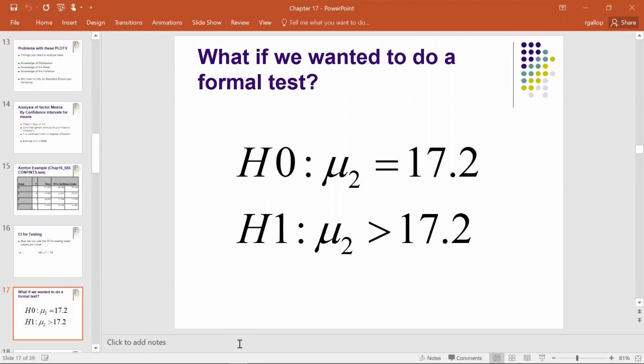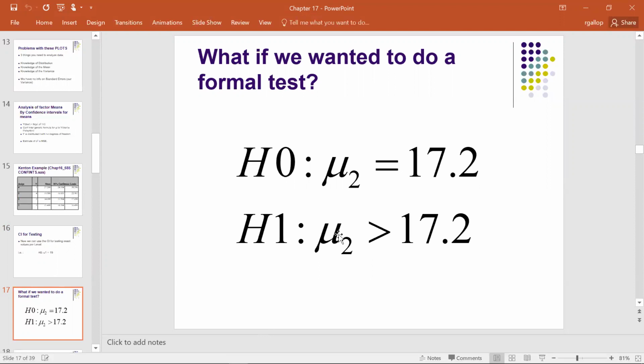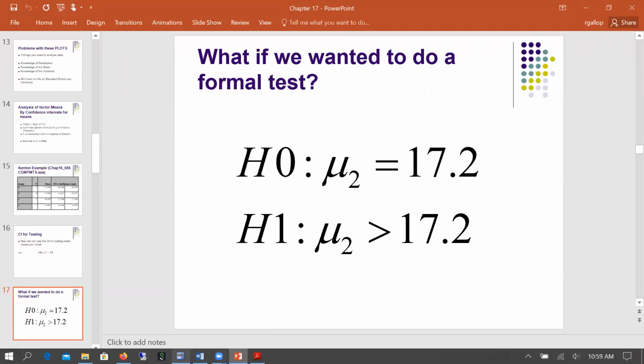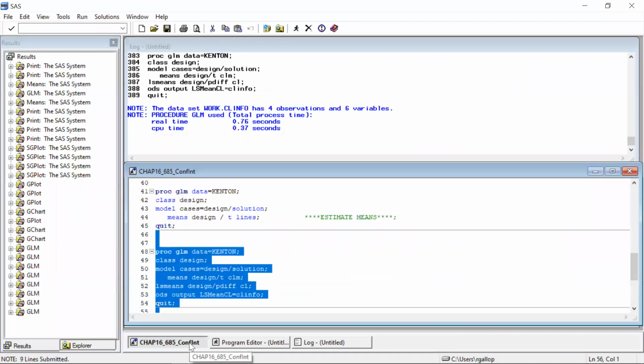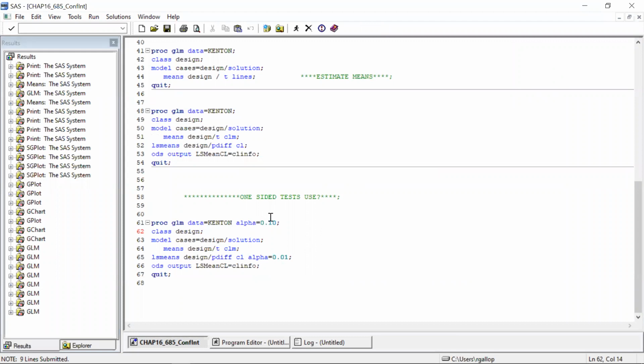Again, we could do a confidence interval as well. So if I want to do this test with an alpha of 0.05, this is a one-sided test, a one-sided alternative. If I go back to our subsequent code, where I said alpha equal to 0.10.